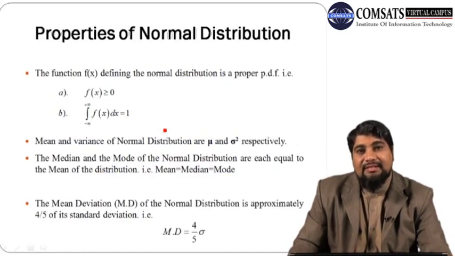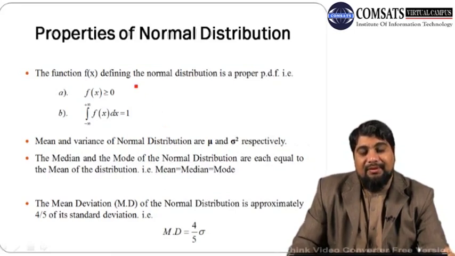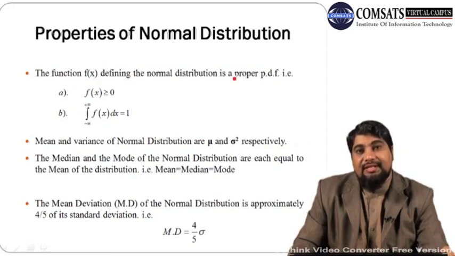Now let us discuss some of the very important properties of the normal distribution. The first property is that the function f of x defining the normal distribution is a proper probability density function, also called PDF in short.